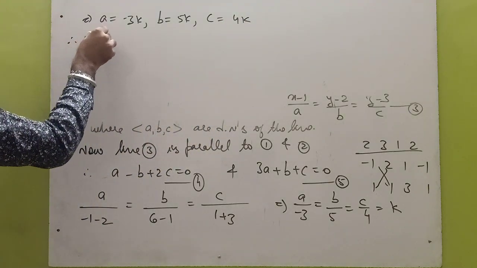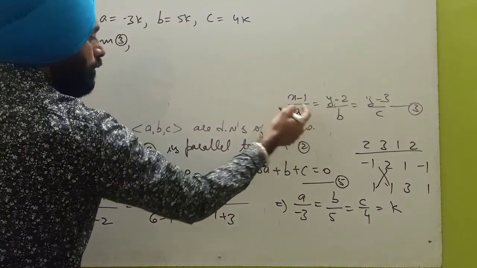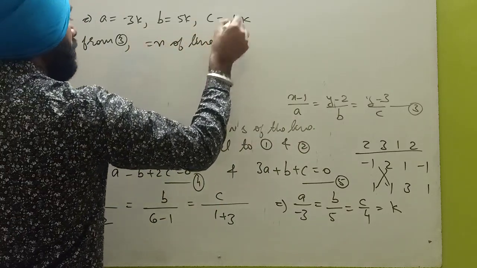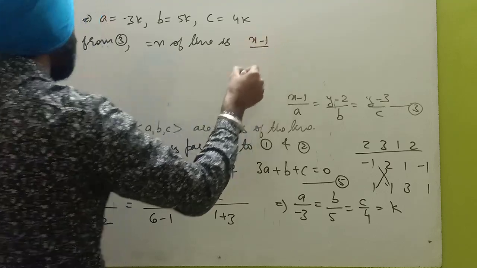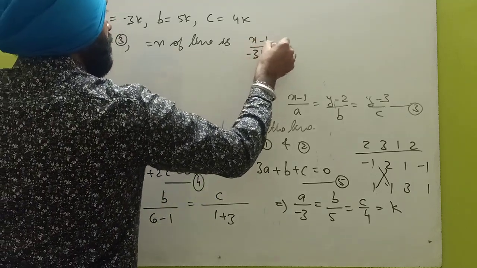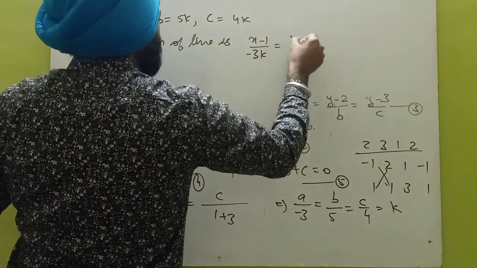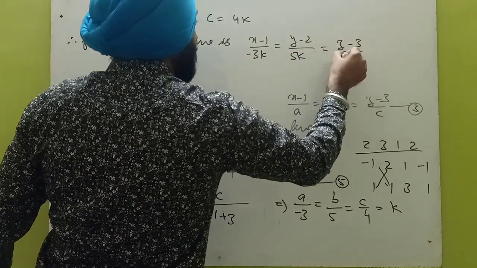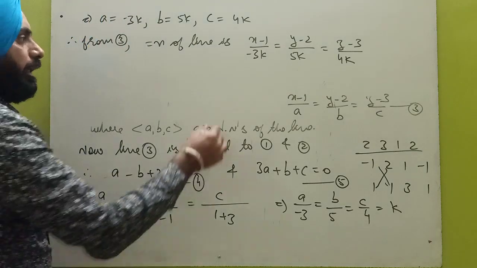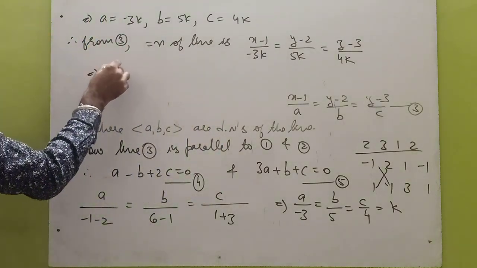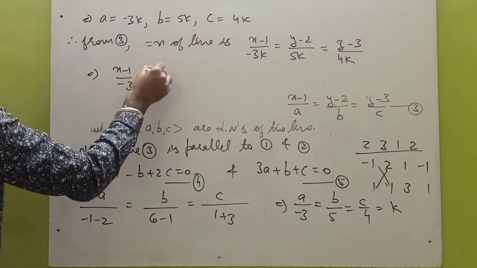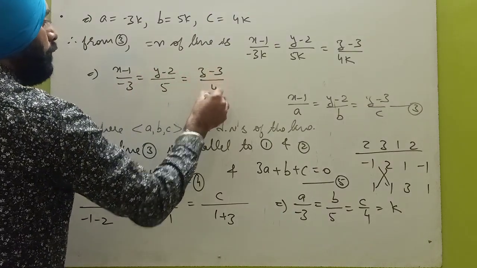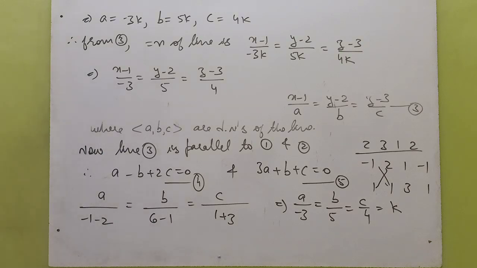Therefore, from equation 3, the equation of the line is (x minus 1) divided by what is a, minus 3k, (y minus 2) by b which is 5k, (z minus 3) by 4k. So take k common. So the equation of the line is (x minus 1)/minus 3, (y minus 2)/5, and (z minus 3)/4, which is the required equation of the line.